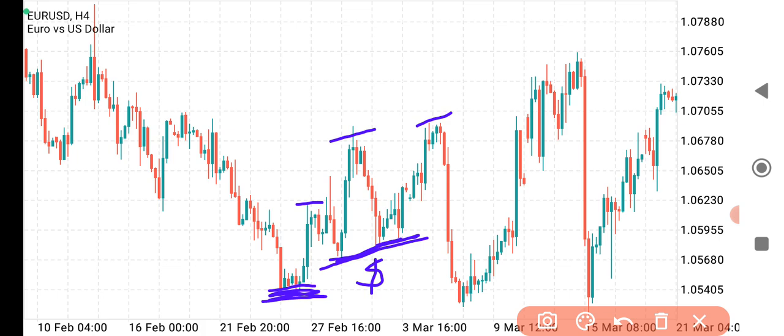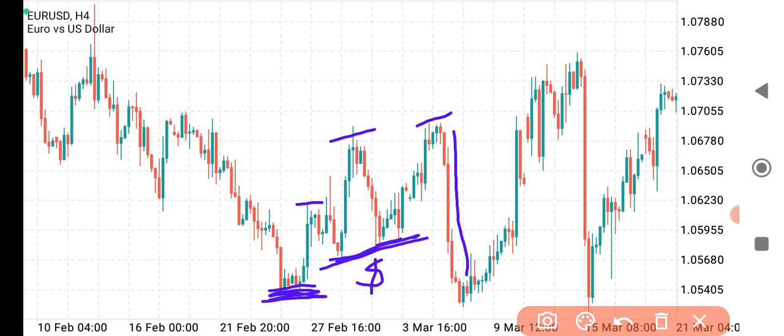So what happened? You can see the impulsive move, how the market moves with force. This is institutional movement.